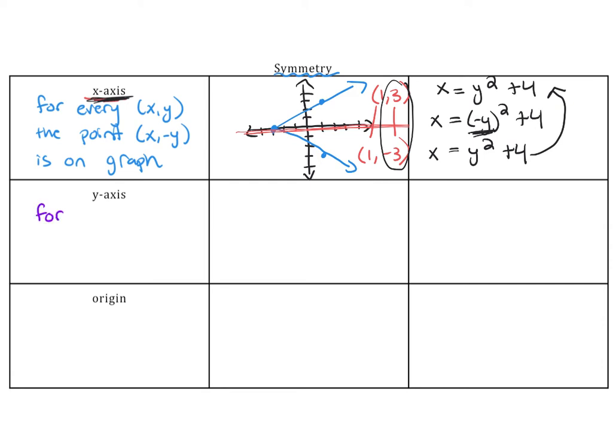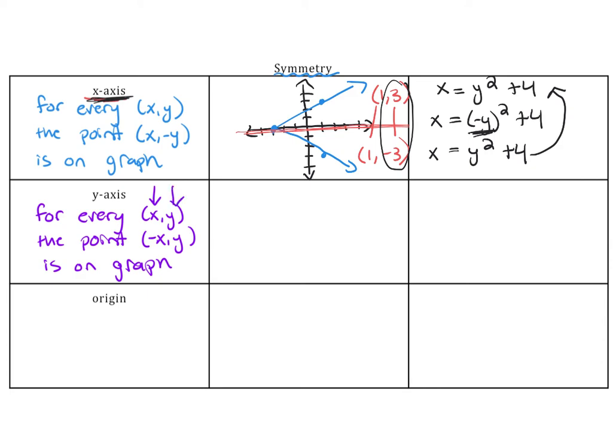Okay, so now symmetric across the y-axis. It says for every point xy, the point negative x, y is on the graph. So it's opposite. x and negative x will both be on the graph, sharing the same y value.